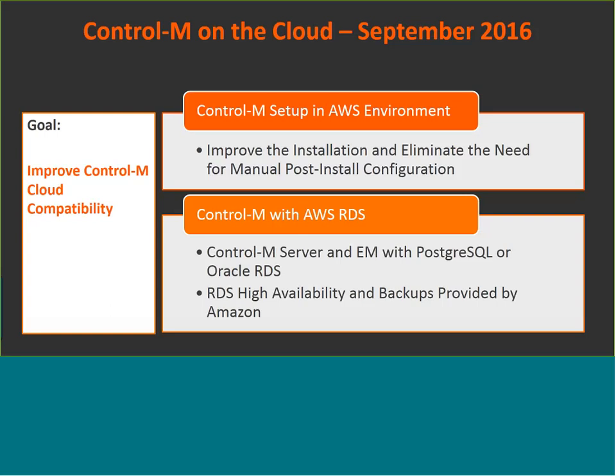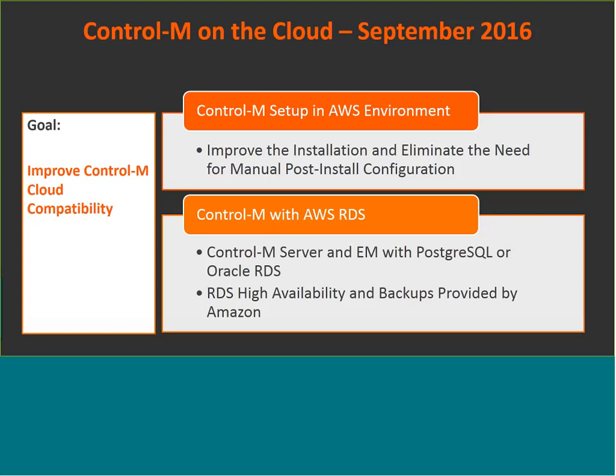At the time, most of the customers that we were dealing with that were wanting to do this with Control-M were on AWS. So we started with AWS and started looking at what we needed to do. So in September, we started building new setup capabilities for Control-M, an actual distribution of Control-M that was specifically cloud savvy.